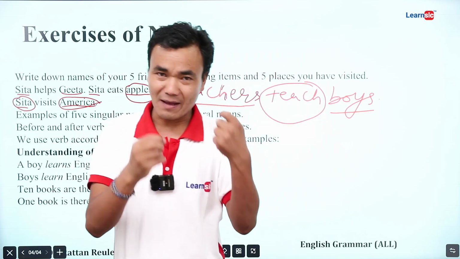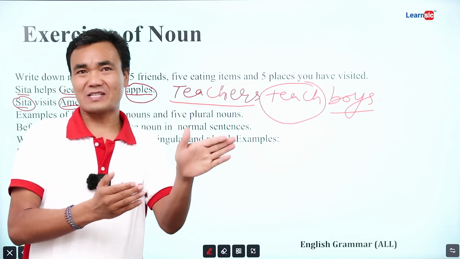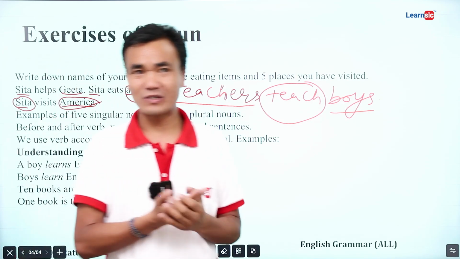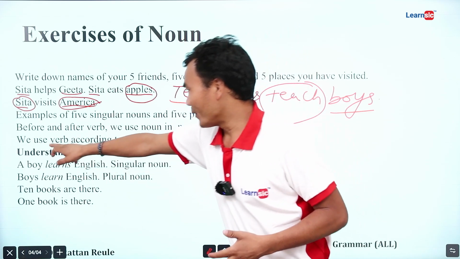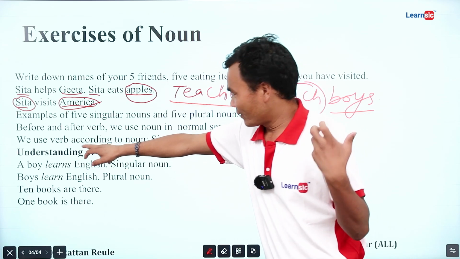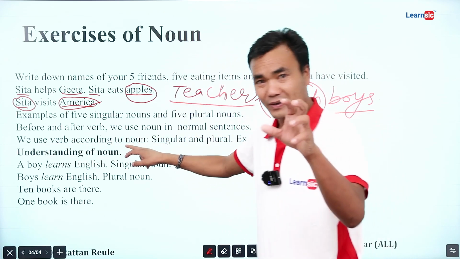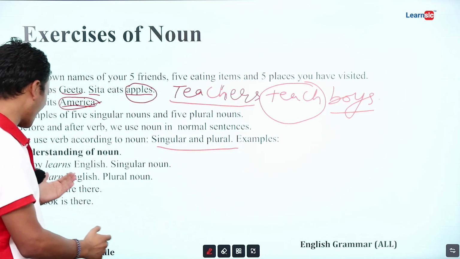Teach is an example, यो क्रिया हो, त्यसको अगाडि पनि नाउनलाई प्लेस गर्न मिल्यो and पछाडि पनि, before and after at both places we can use the noun in a sentence. So we use verb according to noun. Noun को अनुसार हामी use गर्छौं, singular and plural. Examples I have given there.